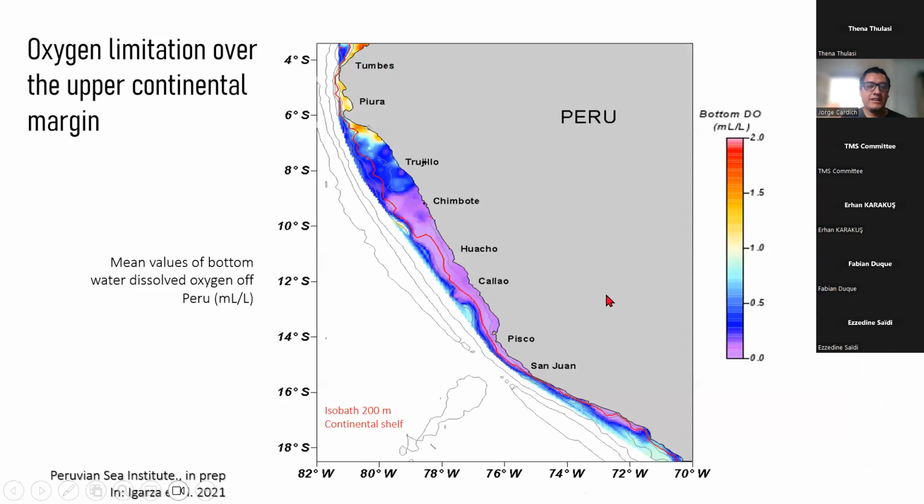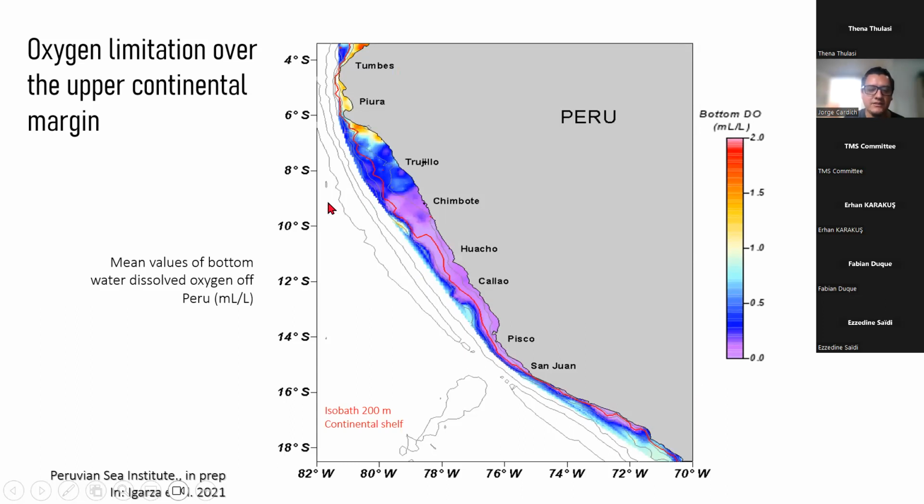So on average, what happens to the sediments of Peru? This is a map of the oxygen limitation over the sediments of the upper continental margin. In other words, this is the oxygen a couple of meters over the sediments in the shelf and the upper margin.